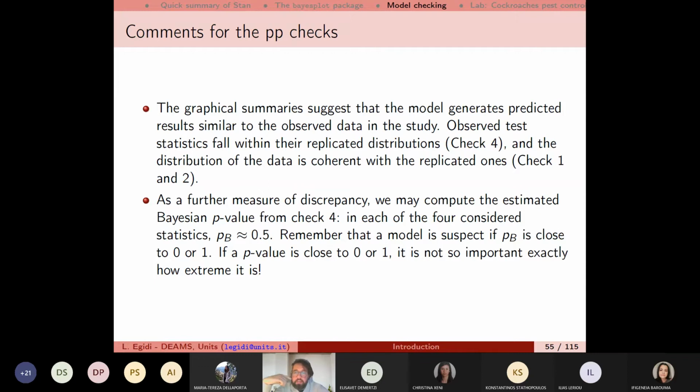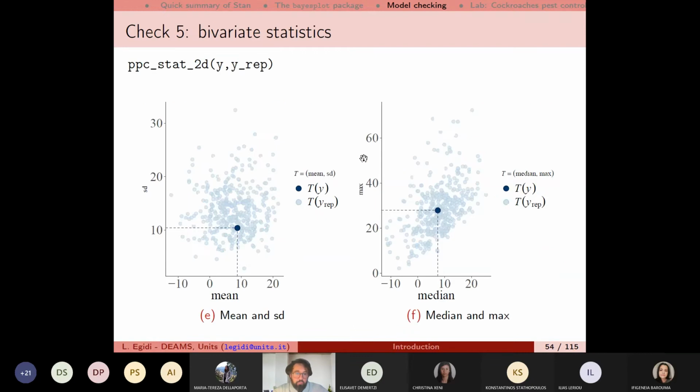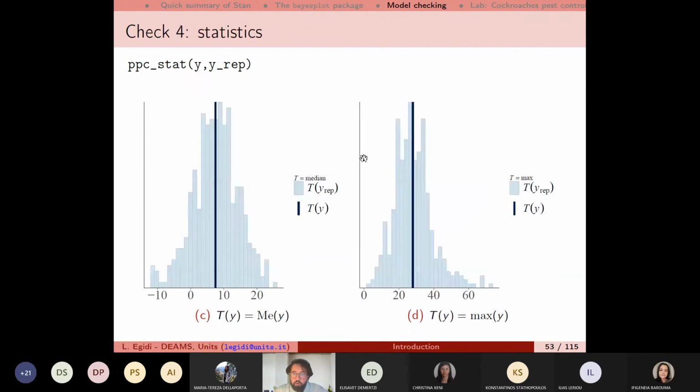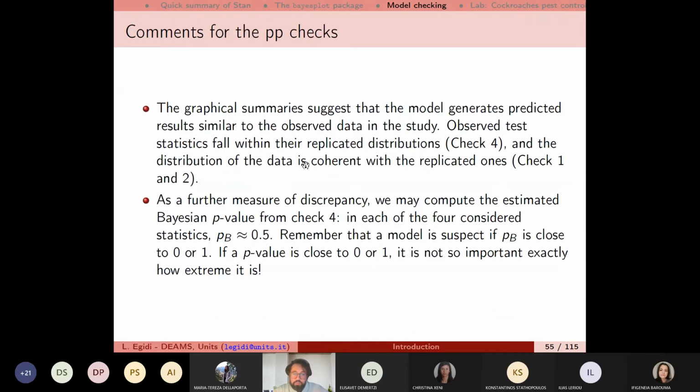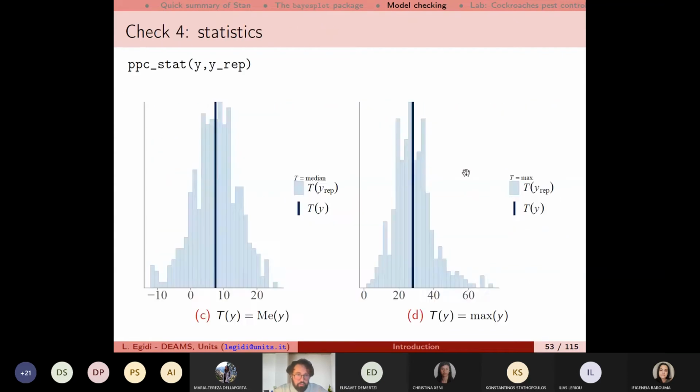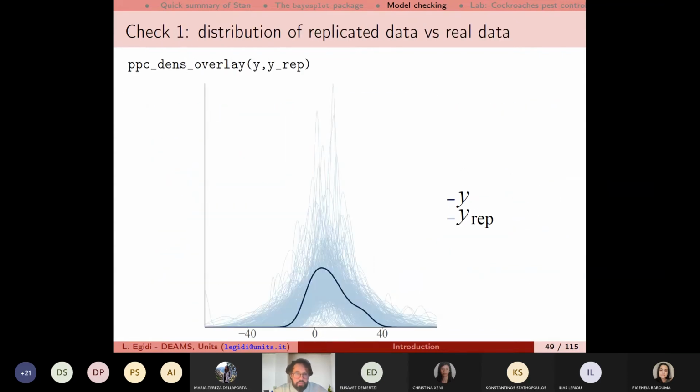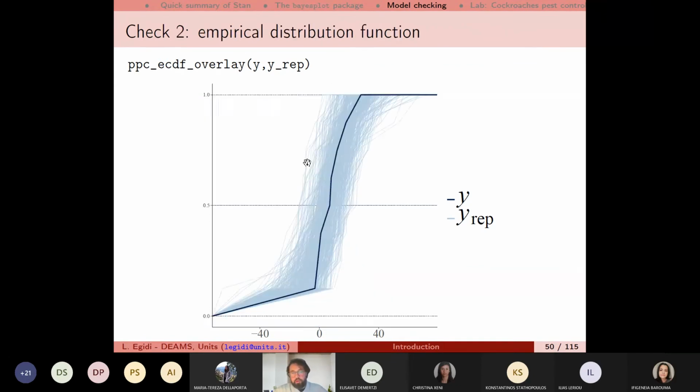The observed statistics fall within the replicated distribution, and we saw this via check 4, but also the distribution of the data is coherent with the replicated ones, so check 1, both the density and the empirical cumulative distribution function.